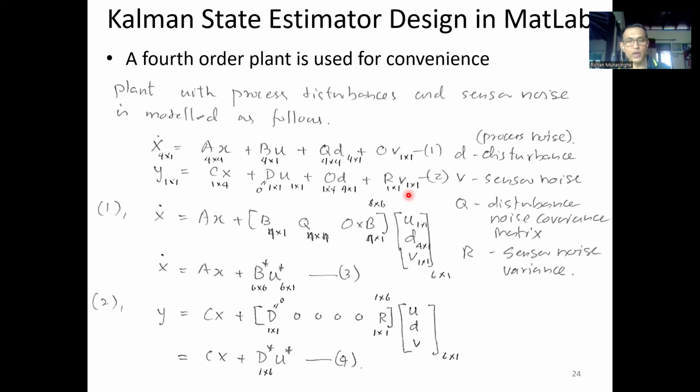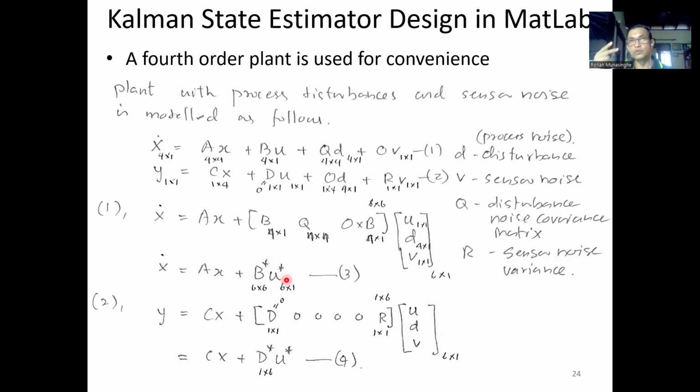So the X state vector is 4 by 1. And there's only one control signal, so U is a scalar, a 1 by 1 matrix. You can calculate all these things; I don't want to spend time on that. So when you have this concise format for the state space model, x dot equals Ax plus B star u star.